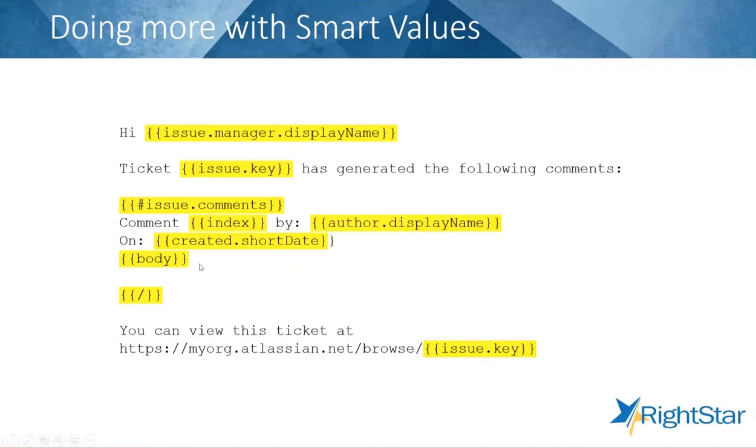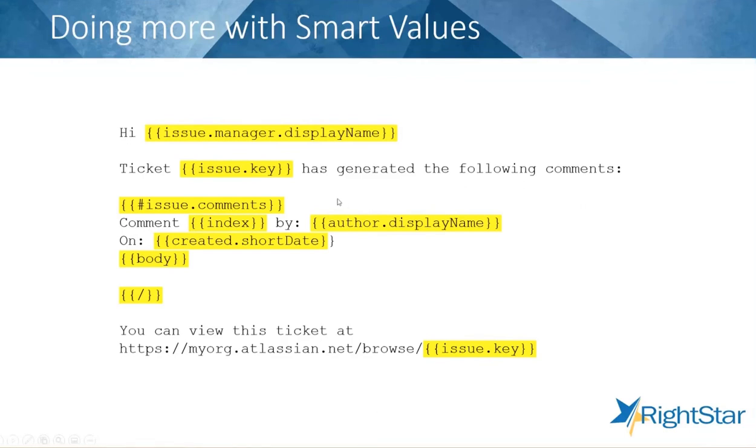On lists, you can say only give me the first item in the list, or only give me the last item in the list. For dates, you can convert dates, add two dates together, get the difference between dates, and so on. So there are a lot of different functions, and I'm not going to go into detail about all of those. Again, I recommend that you look at the documentation that's available.